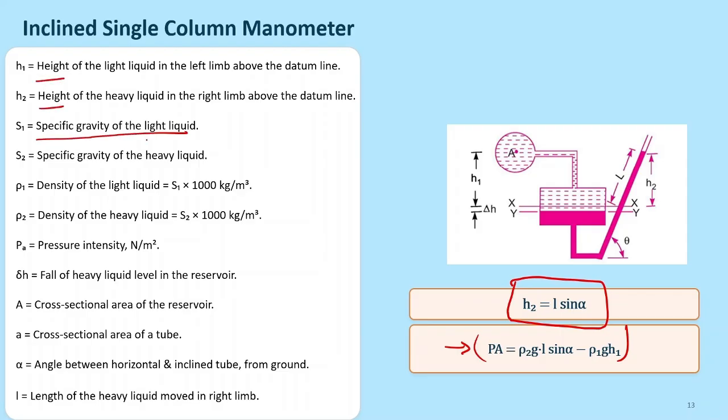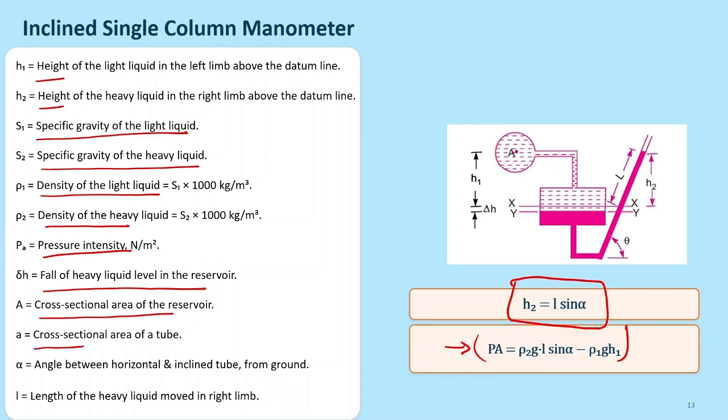S1 is the specific gravity of the light liquid, S2 is the specific gravity of the heavy liquid, rho 1 is the density of light liquid, rho 2 is the density of the heavy liquid, PA is pressure intensity, del H is the fall of heavy liquid level in the reservoir, capital A is the cross section area of the reservoir, and small a is the cross section area of the tube. This rectangle is the reservoir and this is the tube, the small one. Alpha is the angle between horizontal and inclined tube from ground, and L is the length of heavy liquid moving toward the right limb.